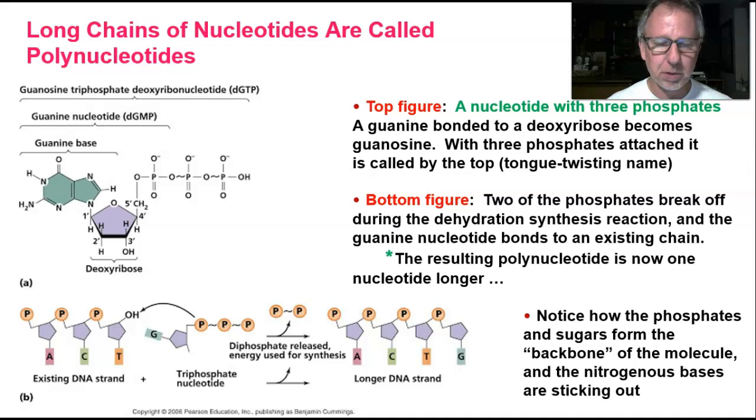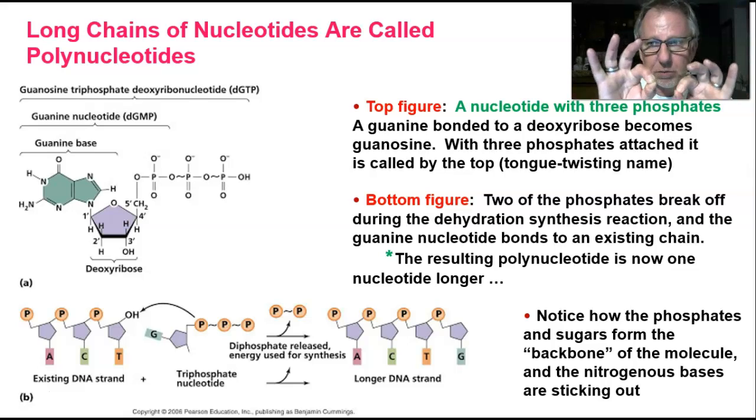And you can see on that part of the figure in the very bottom left, 3 nitrogenous bases sticking down, A, C, and T, just for example. And there's a new nucleotide coming on the scene there, and it has a G on it, a guanine on it. And look very carefully and think about what's happening. That phosphate group in the new nucleotide that has the guanine, that phosphate group is bonding to the sugar in the existing chain.